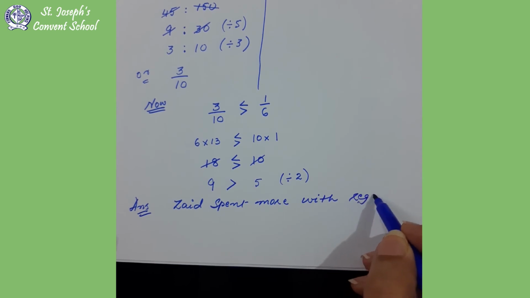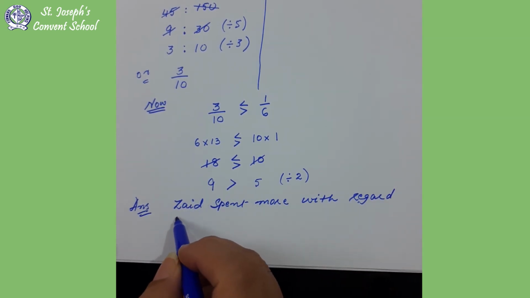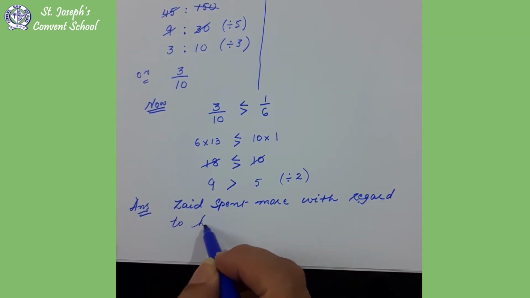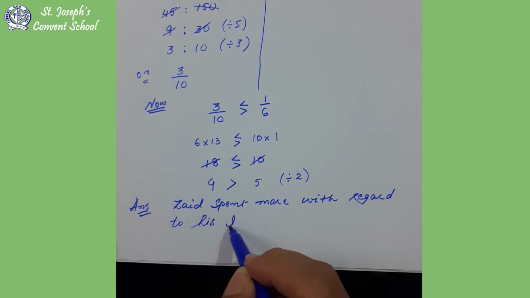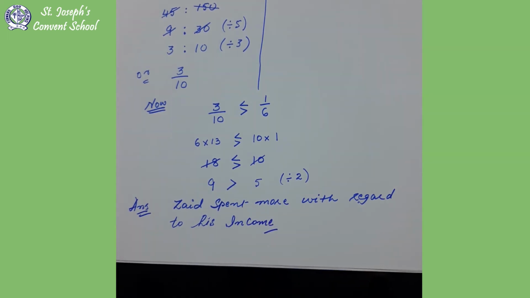Whatever they have asked in the question, the same statement you write. Z spent more with regard to his income. Okay, it is not difficult. Comparison actually is not difficult. These are easy questions, so you can easily do these questions.